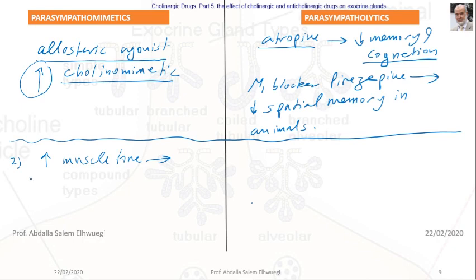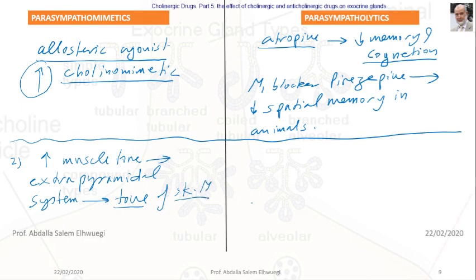As we know, through the extrapyramidal system, in the substantia nigra, there is a balance. The extrapyramidal system is responsible for the tone of the skeletal muscle. In substantia nigra, cholinergic mechanisms increase the tone of the skeletal muscle, while dopamine inhibits the tone in the skeletal muscle.